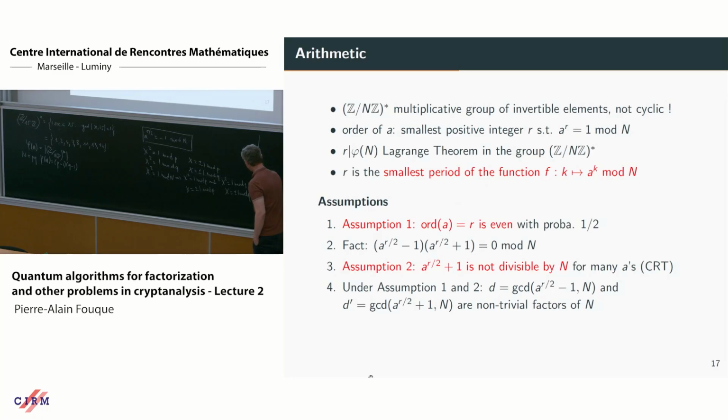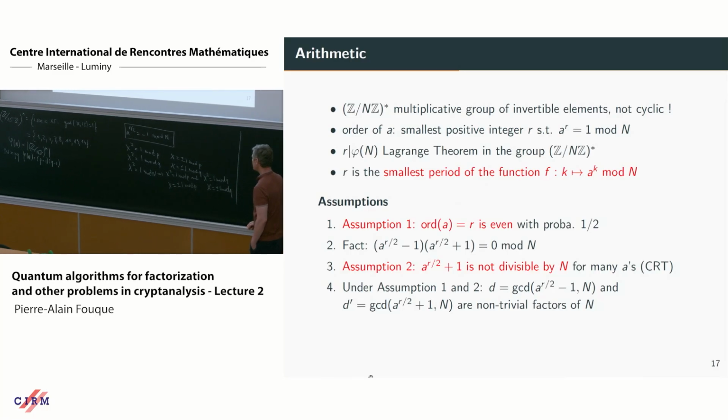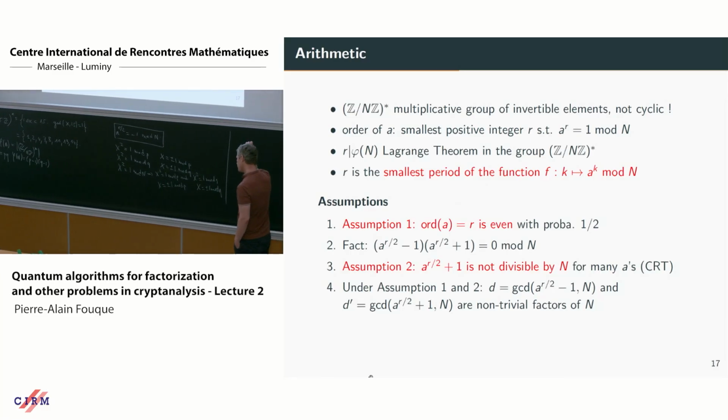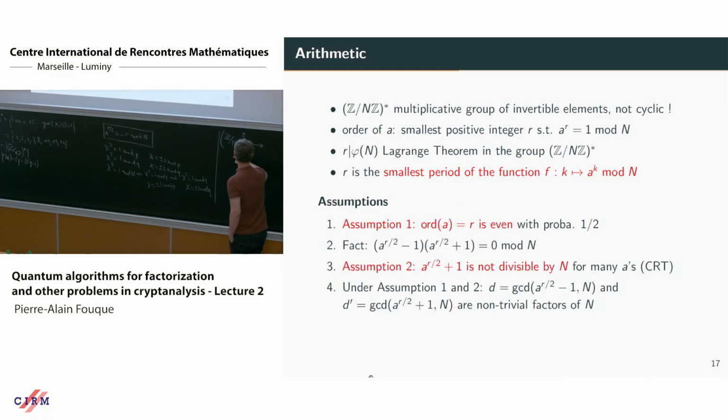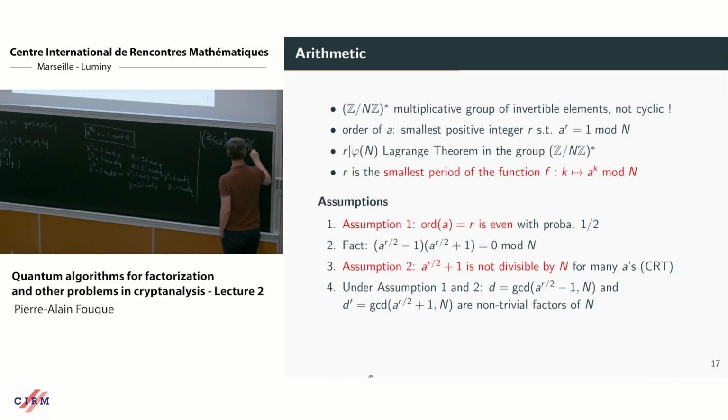Before going into the detail, let me remind you of something that is very useful. It's called the CRT theorem, which says that you have an isomorphism between this and this. What does it mean in particular?